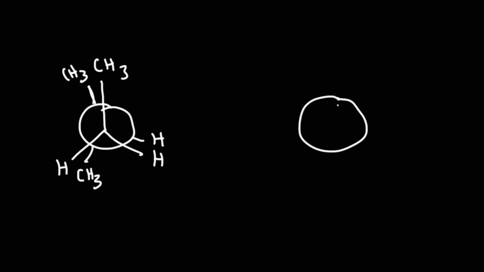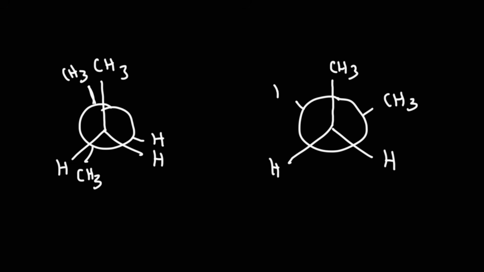And let's compare it with this one. So which one is the eclipse conformation and which one is the staggered conformation? On the left, we have the eclipse conformation. On the right, we have the staggered conformation.